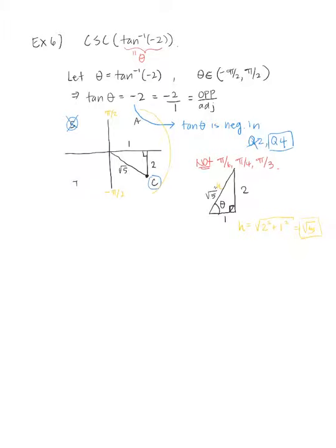Our angle theta must go from the initial side towards quadrant 4. That's going to be our terminal side. So notice that our angle theta has to be negative. Let me jot this point down, for those of you who like to use x, y, and r. This point is x is 1 and y is negative 2.